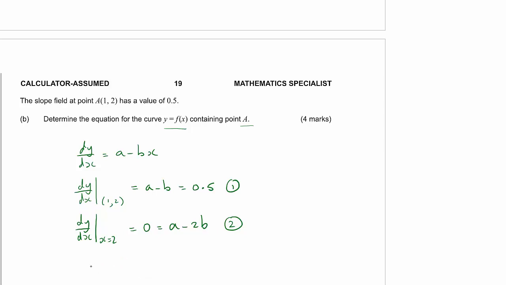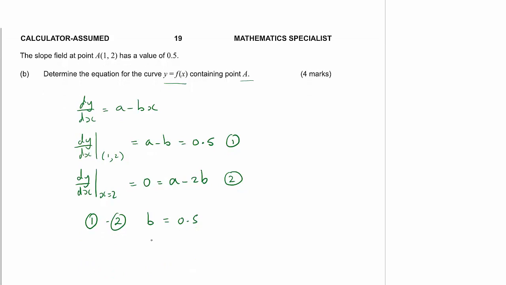Let's do it as 1, take away 2. The a's still disappear. Negative b, take away negative 2b, ends up being b. And then 0.5, take away 0, is 0.5. So b is 0.5, and that means that a is equal to 1.